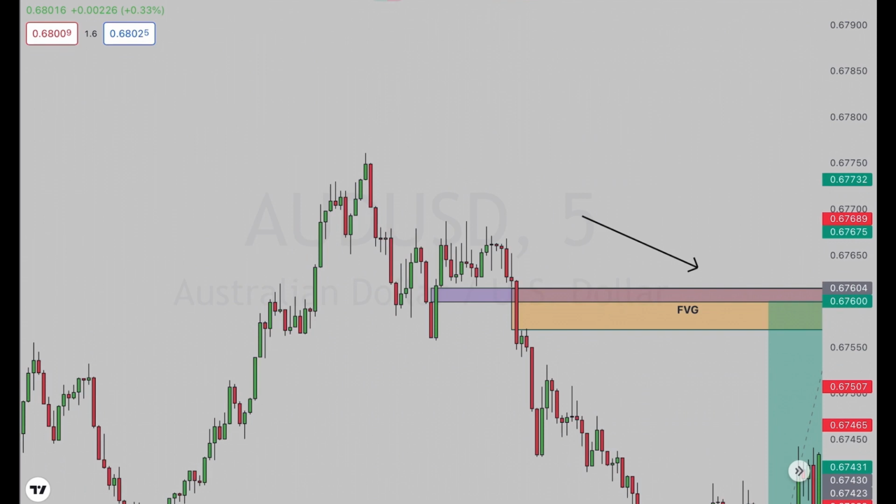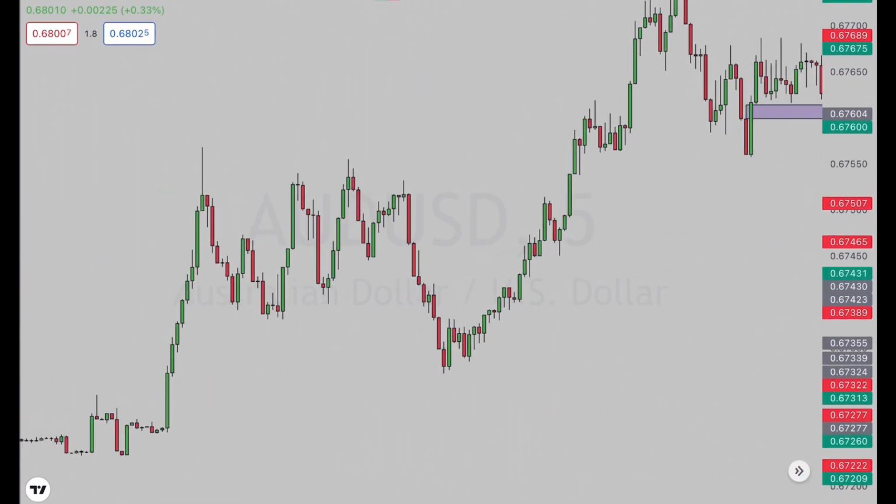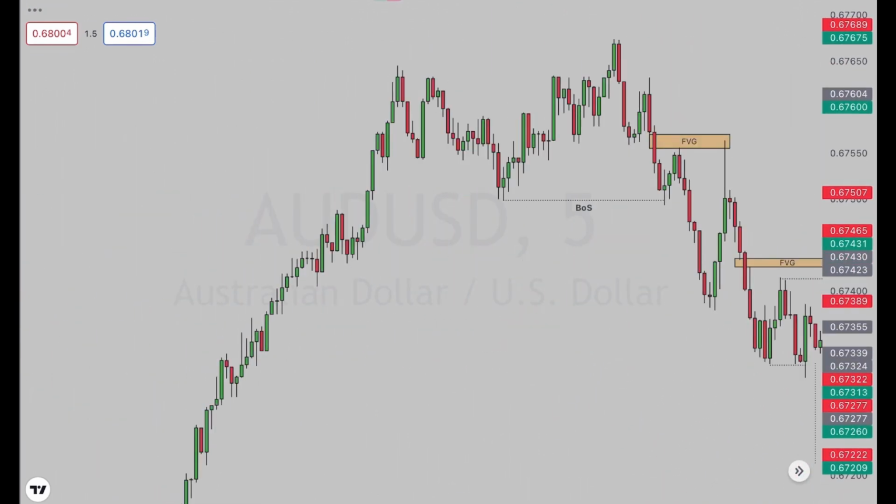So one more thing that you guys could note is that when we do not have any more information on the market structure, but only an energetic range either to the upside or the downside, you have a lot of fair value gaps and you cannot pick and choose which one is the most effective, right?